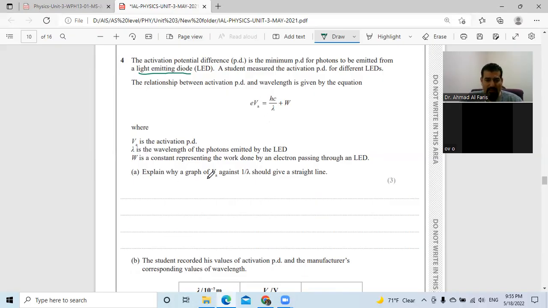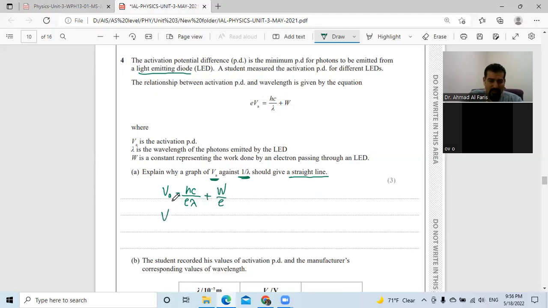A, explain why the graph of VA against 1 over lambda should be a straight line. Now let's rearrange this equation. I will divide by e: VA equals hc over e lambda plus W over e.